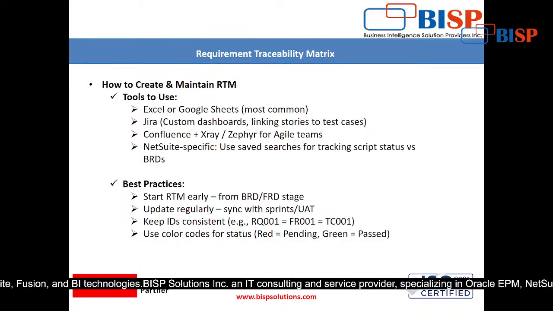Specification: use saved searches for tracking script status versus BRD. There are so many things. Then best practices. Best practice is to start RTM early from the BRD, FRD stage. Yes, this is the best practice. Start RTM early only.